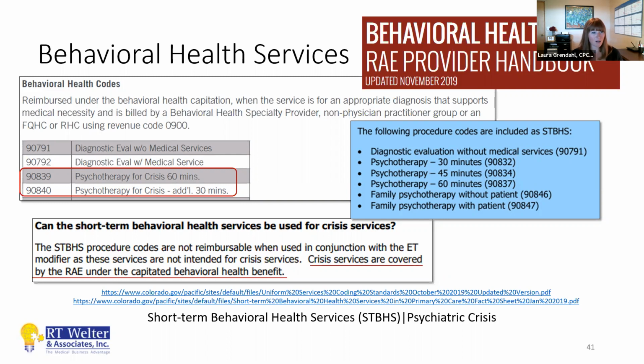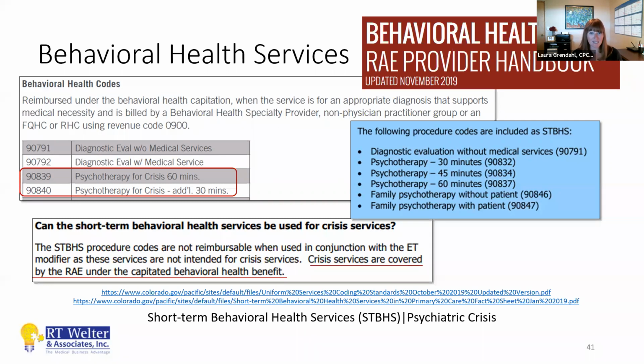These links I have here, the second one is a really great fact sheet by colorado.gov that is specific to short-term BHS in primary care, right? So while the intent of the policy is to increase access to behavioral health services that can address a low acuity condition within 6 visits, the department understands that there may be times when a member requires additional services.